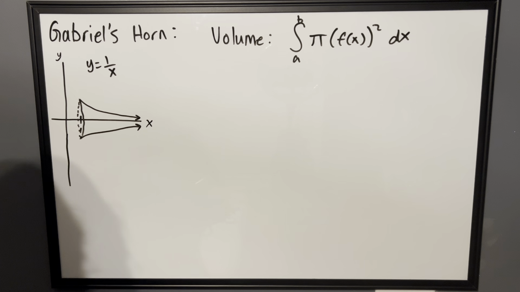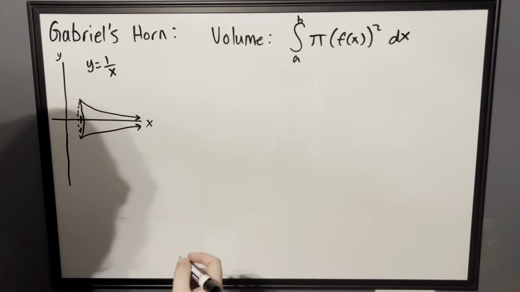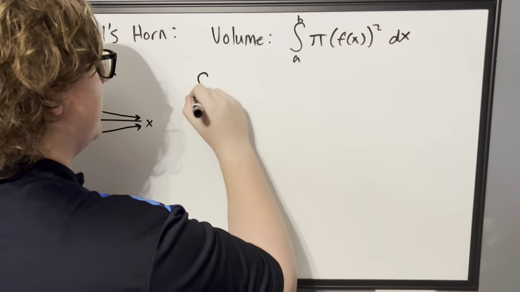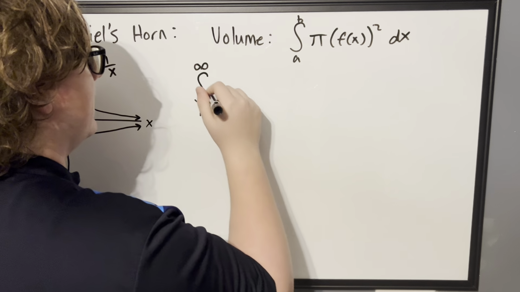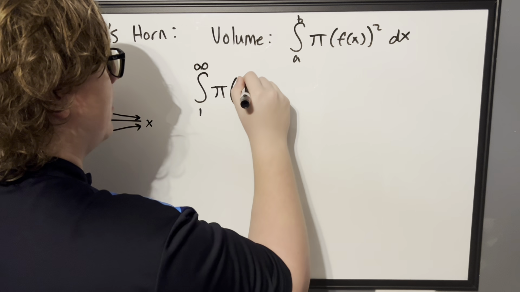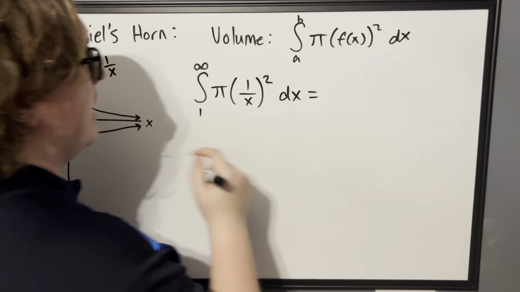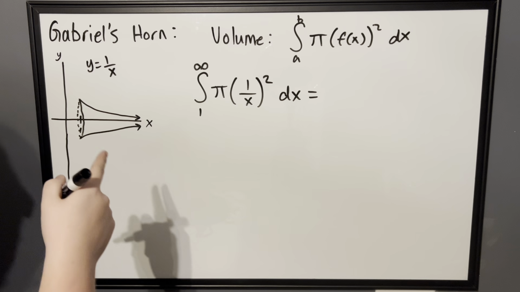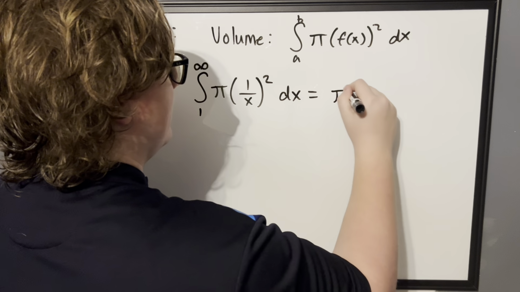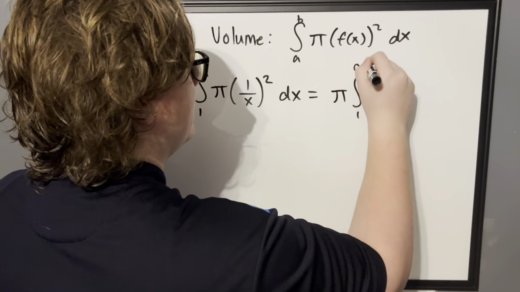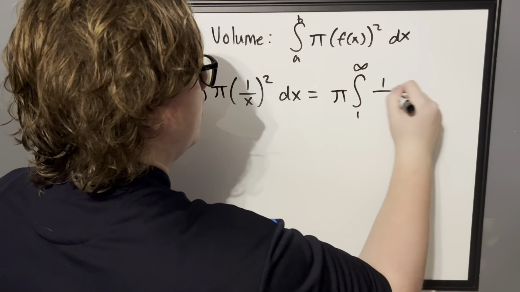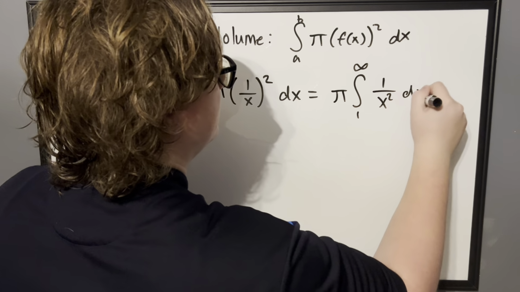And a to b is going to be 1 to infinity in this case. So the volume is going to be equal to the integral from 1 to infinity of pi multiplied by 1 over x squared dx. Now, we can pull this pi out front. So we have pi times the integral from 1 to infinity of 1 over x squared dx.